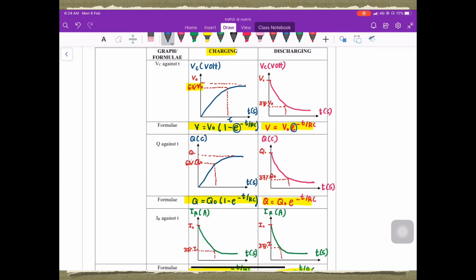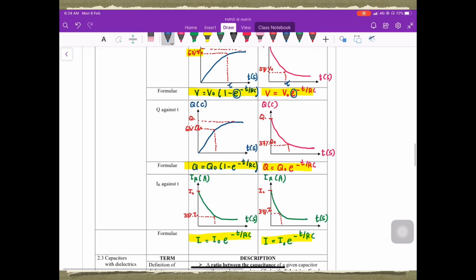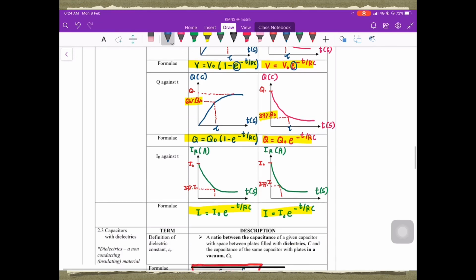But for discharging, when the voltage decreases to 37% of V0, this time required we call the time constant. Same with the charge: when the charge increases to 63% and when the charge decreases to 37%, this time required we call the time constant.